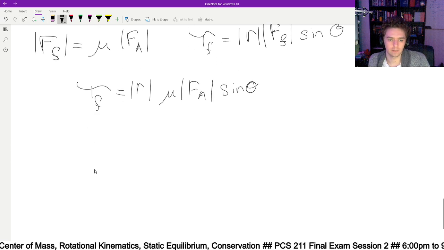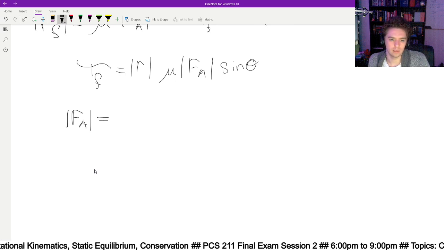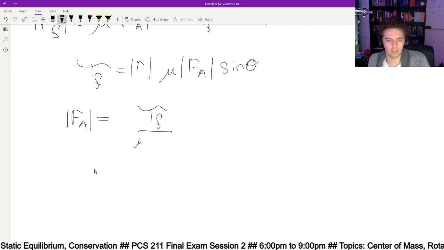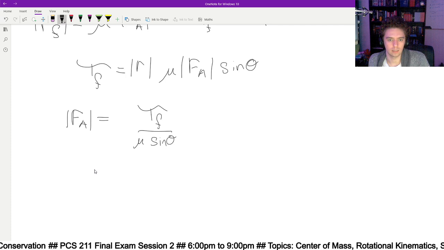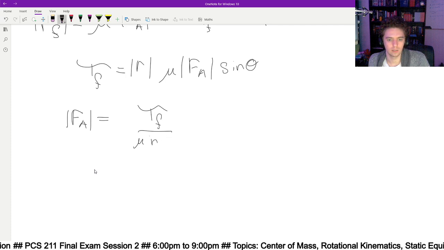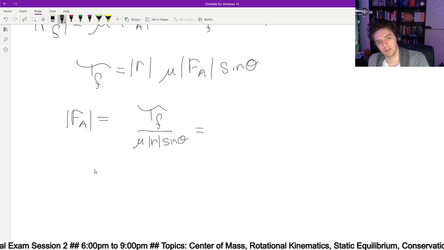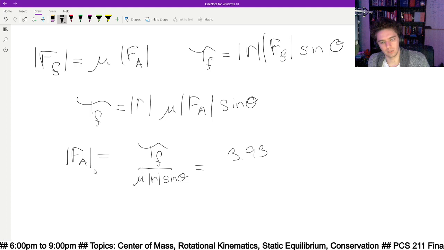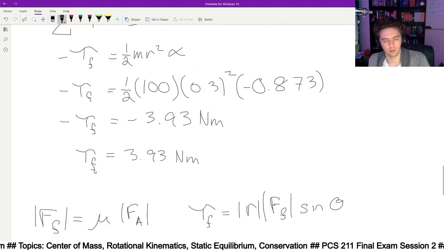And I just rearrange for the magnitude of Fa now. Right, so the magnitude of Fa is equal to the torque from friction divided by the coefficient of kinetic friction times the distance from the axle times sine theta. Torque from friction, we just said, was 3.93 over mu, calculated in the last part of the question, was 0.311.